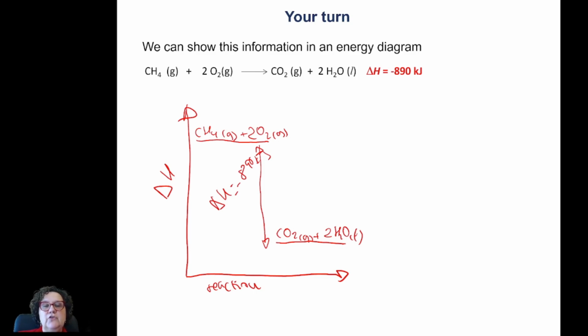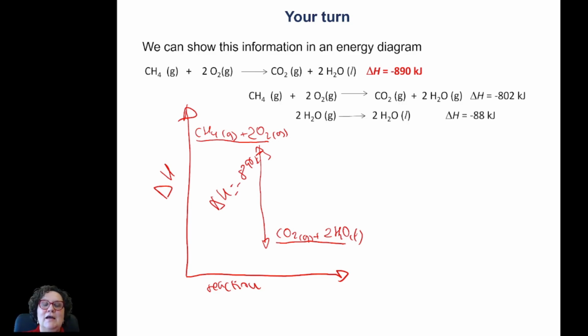Okay, so that is if the reaction would happen in one step. How would this diagram look if it happened in 2 steps? So now I'm going to ask you to stop the video again and add these 2 extra pieces of information to our diagram.